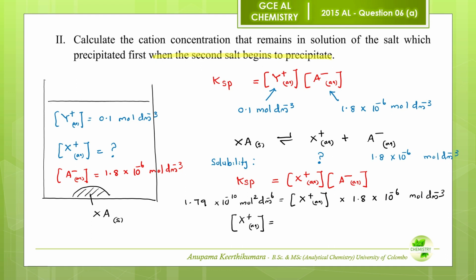X plus ion concentration is 9.9 times 10 to the negative 5th moles per cubic decimeter. Therefore, concentration of X plus ions that remains in the solution when the second salt begins to precipitate is 9.9 times 10 to the negative fifth moles per cubic decimeter.